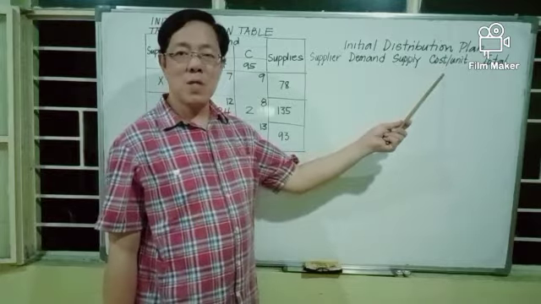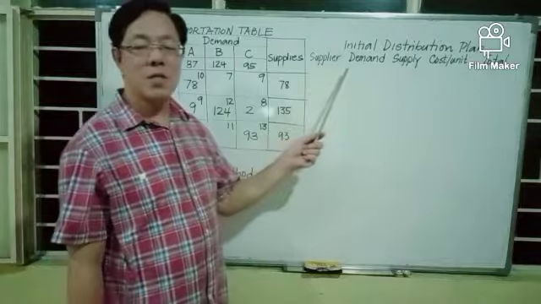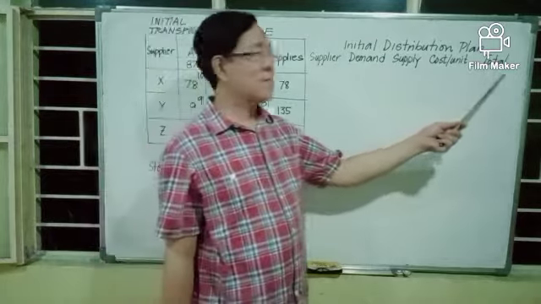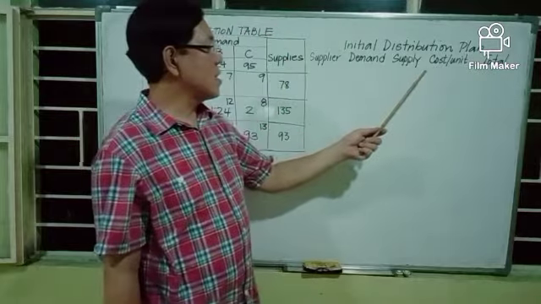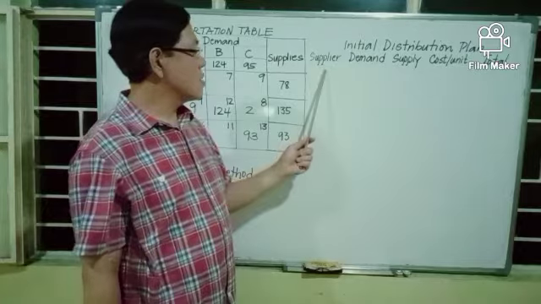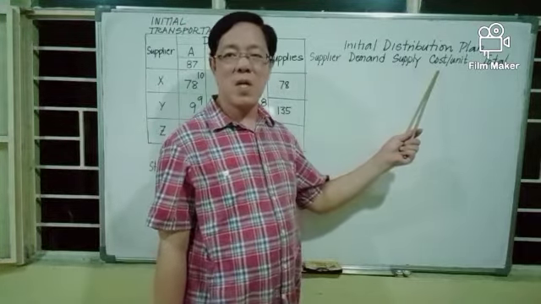The cost per unit, that is the cost of transporting one unit from supplier to the demand. And the total cost of supplying this much number of units from the given supplier to the demand at the given cost per unit.